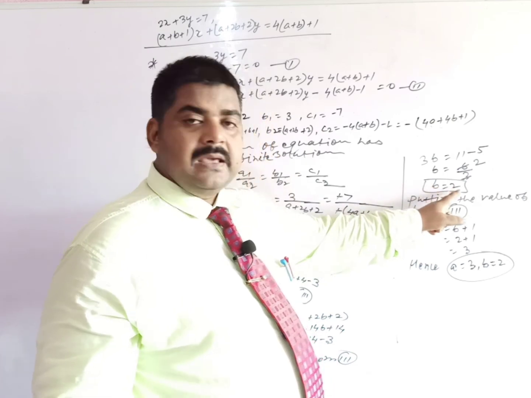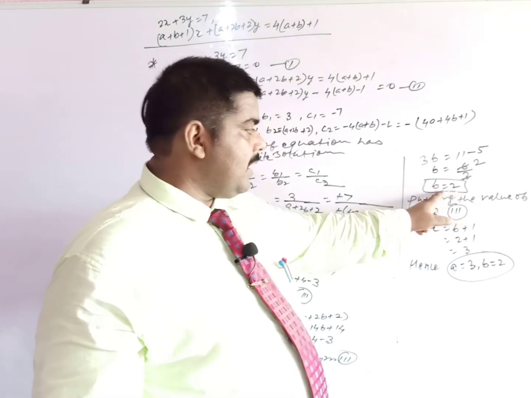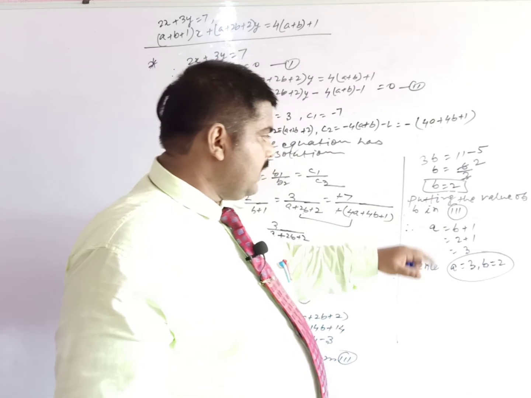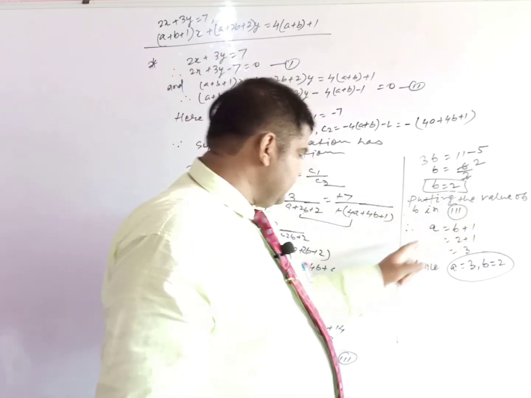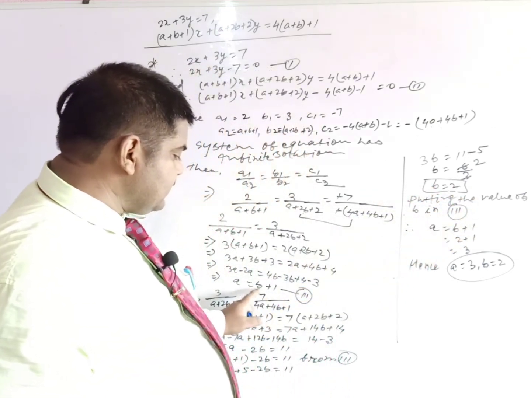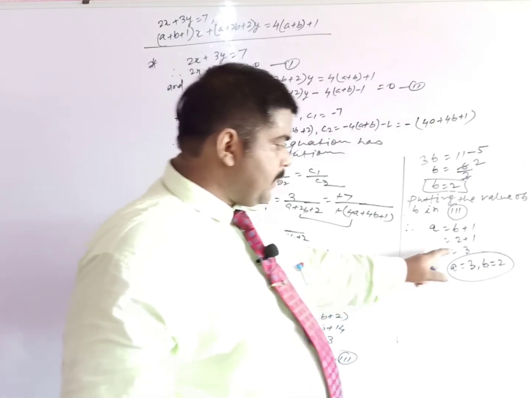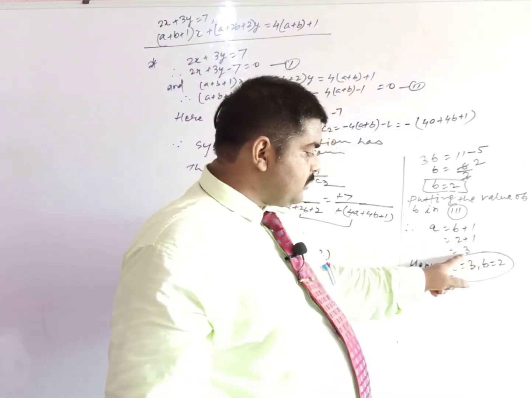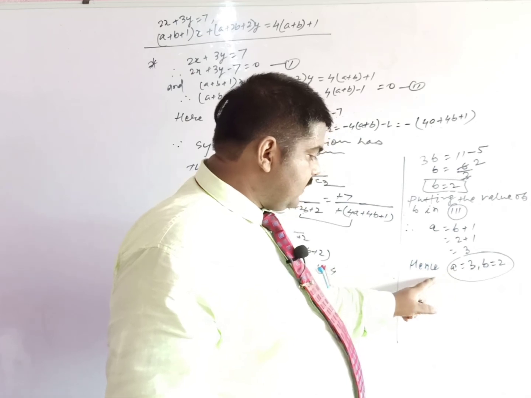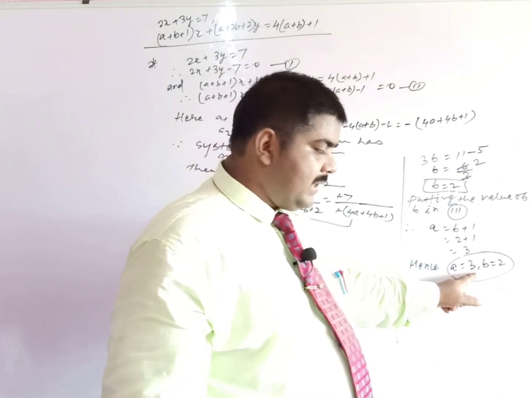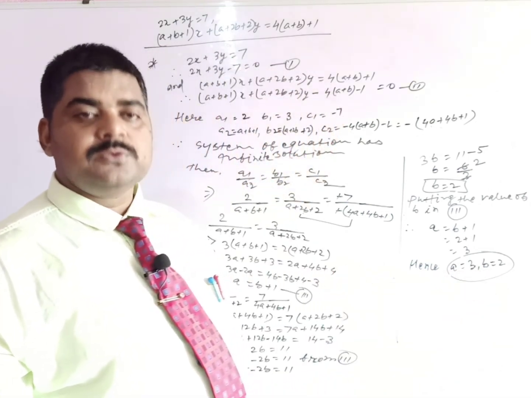In this process I get the value of b as 2, and putting the value of b in the third, a is equal to b plus 1, so 2 plus 1 is equal to 3. This is why the value of a is equal to 3 and b is equal to 2.